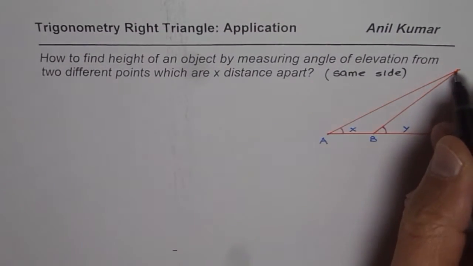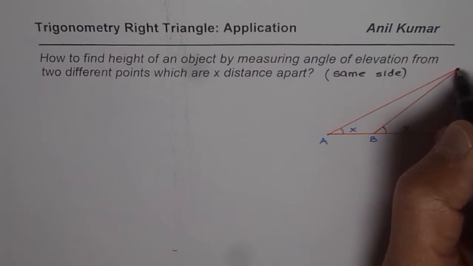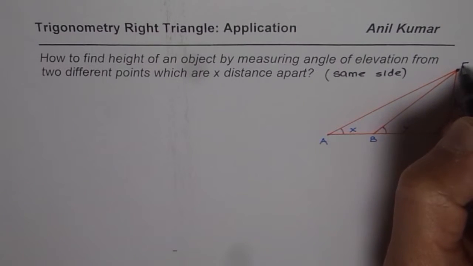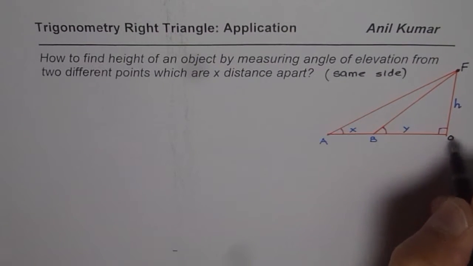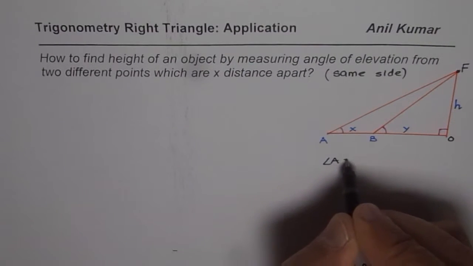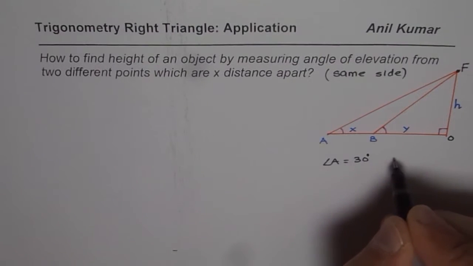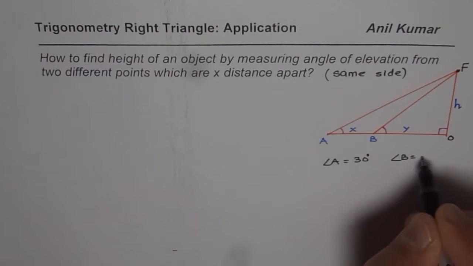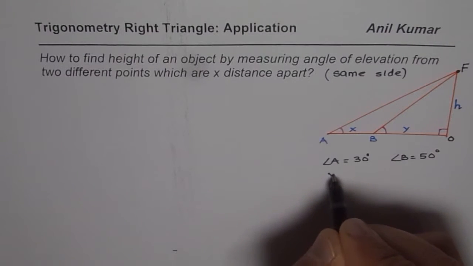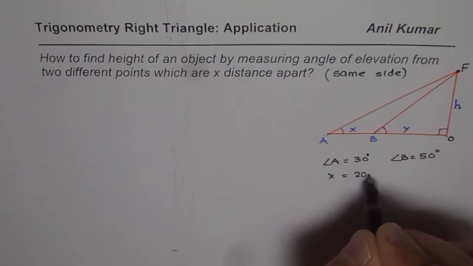So here, let us say this is a flagpole, for example, and we are measuring the angle of elevation to the top of the flagpole. Let's call this point F, and let's call this O. Now let us say we are given that angle A is equal to 30 degrees, and angle B is 50 degrees, and the distance between A and B, that is x, is 20 meters.